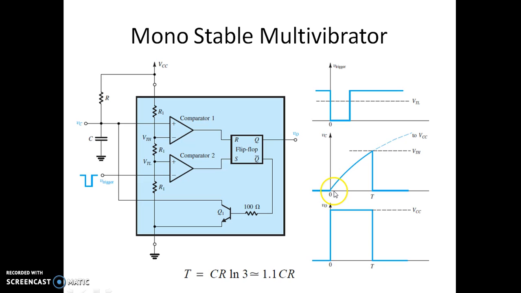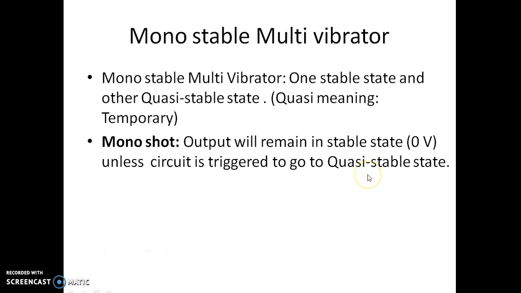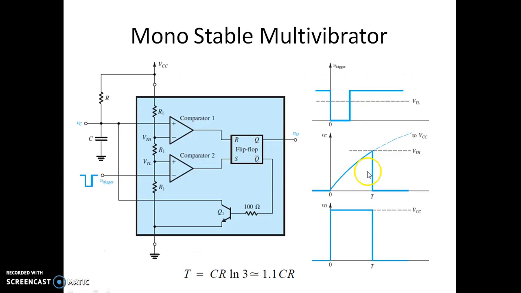Meaning, when the capacitor is charging from 0 to VTH, the output goes to the quasi-stable state of VCC, and as the capacitor voltage crosses VTH, the quasi-stable state ends and the output goes to the stable state of 0. So this is the general working of the monostable multivibrator.